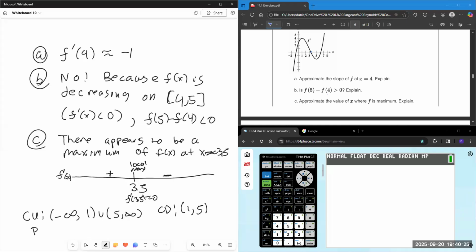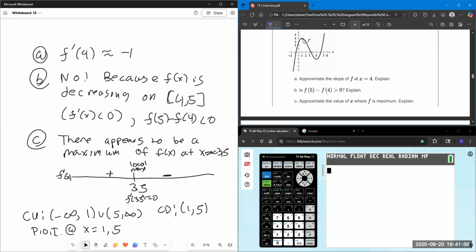And we would have points of inflection at x equals 1 and x equals 5. I have no idea what the y values would be that correspond to that, but the turning points, the minimum and maximum points of the first derivative, the places where its slope is 0, would be the points of inflection, the zeros of the second derivative.